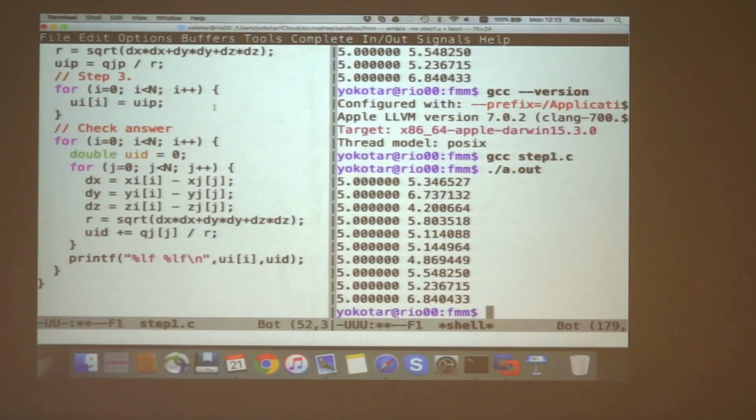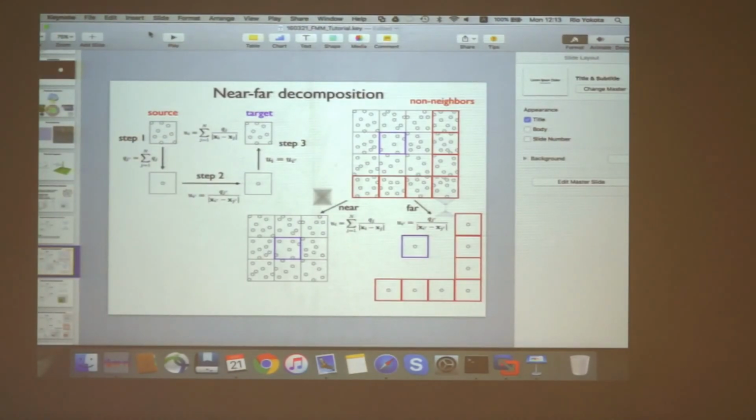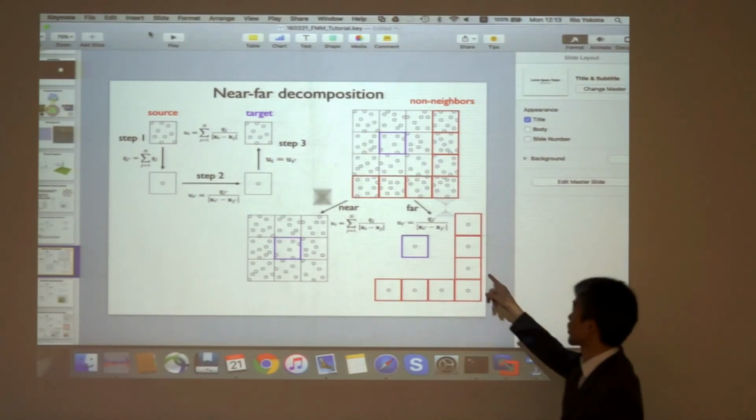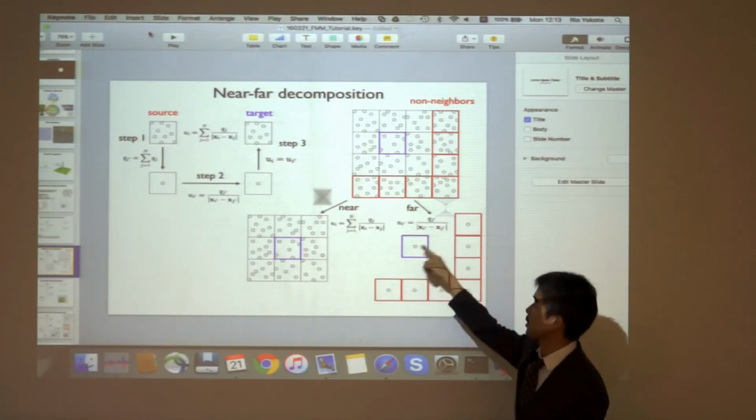Okay, the next task is this one. So now we're doing only this one and this one, only one pair that's far.